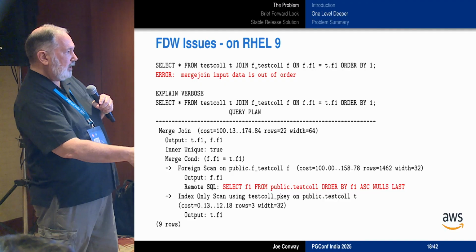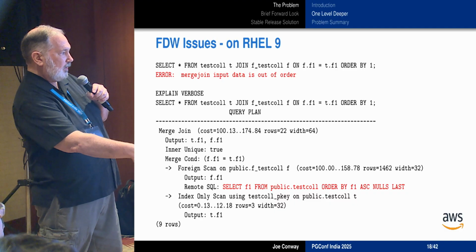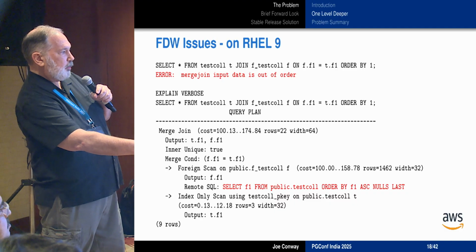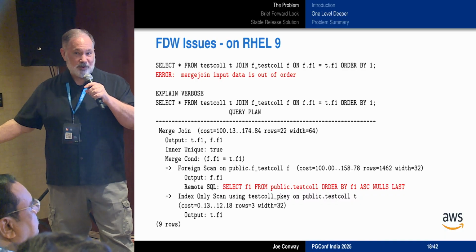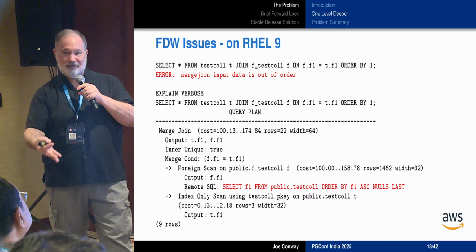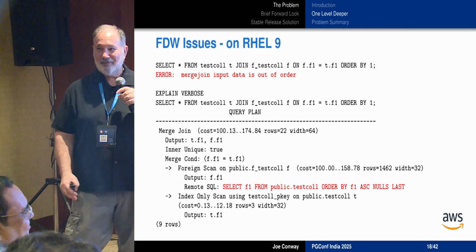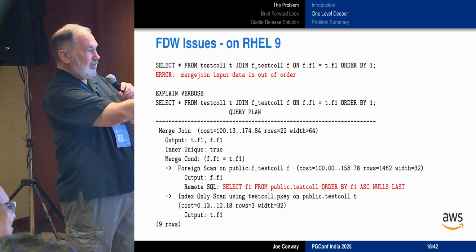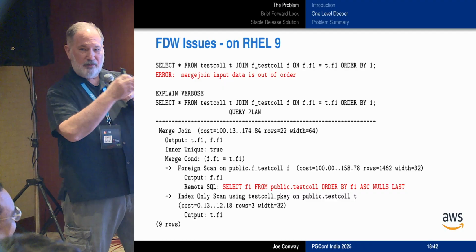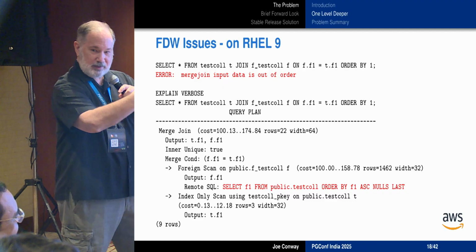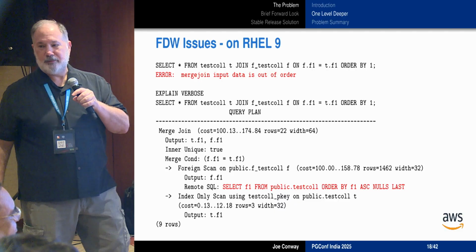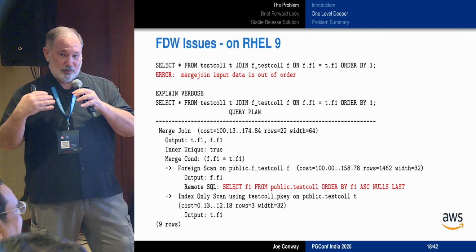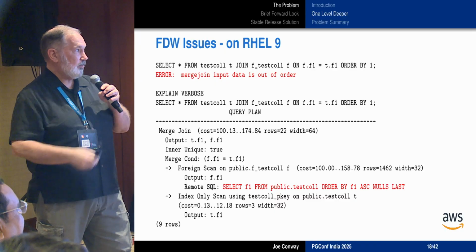And you can see here, because of the way I set this up, on the foreign side, it pushes down the order by. That's a performance improvement, right? We push down things. Because that got pushed down, that means the sort on the foreign table happened on the foreign side, which is a different glibc version, and therefore a different order. And so my ordering on both sides don't match, and my merge join fails.